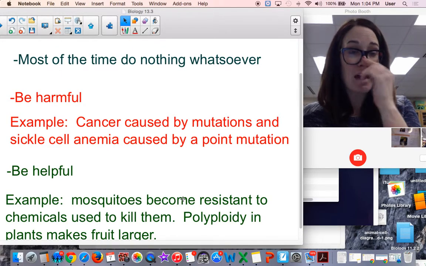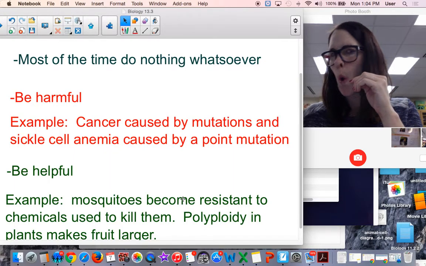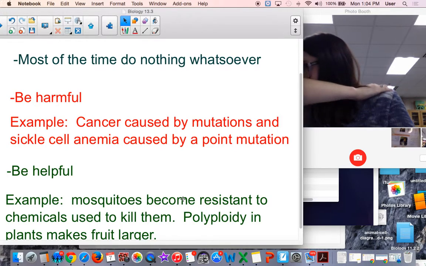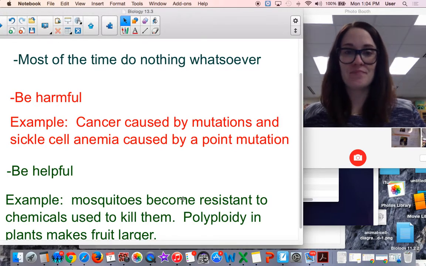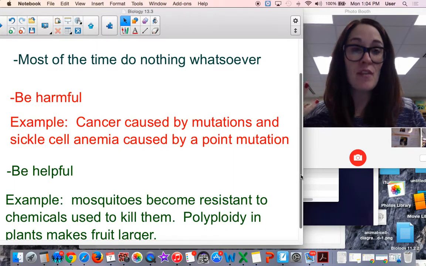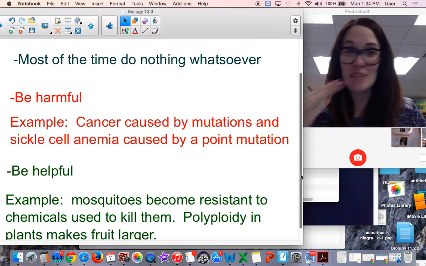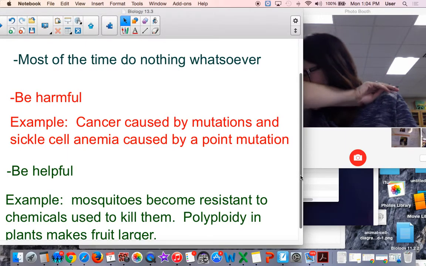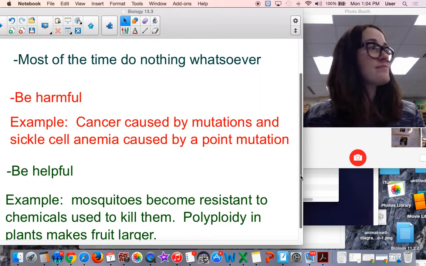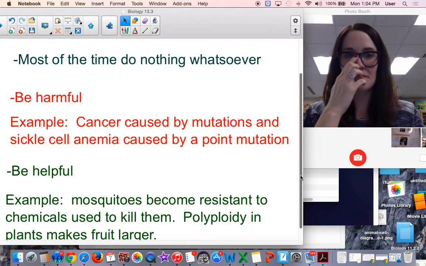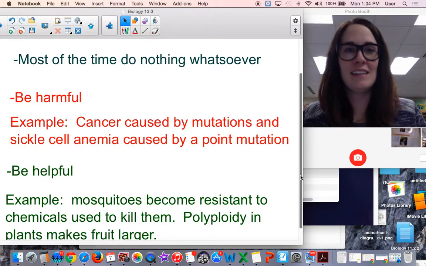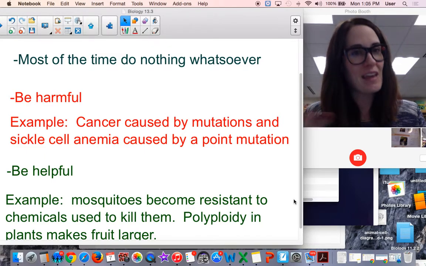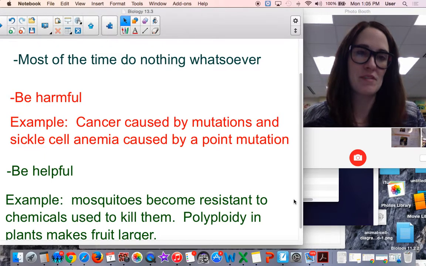Polyploidy is something. Excuse me. Essentially, there's a larger amount of chromosomes in that organism, more chromosomes in it.